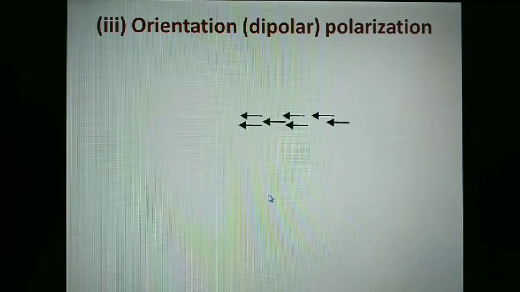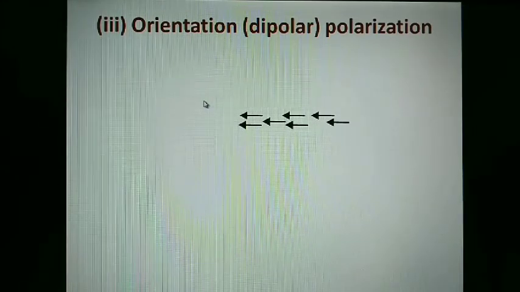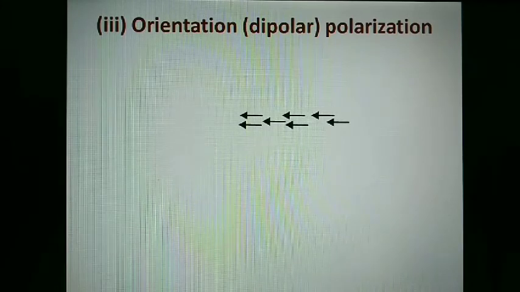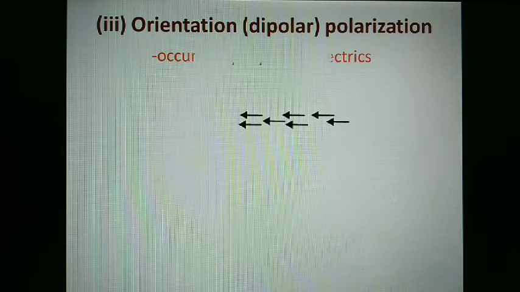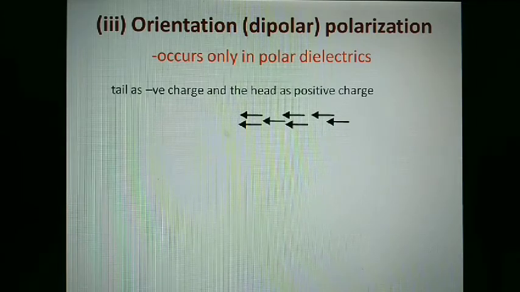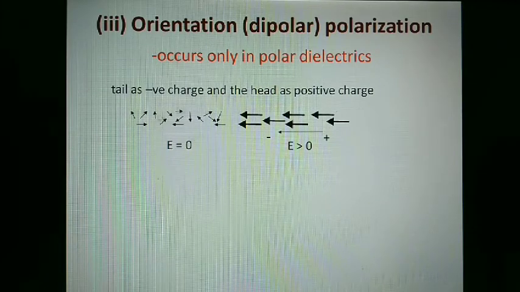The other one is the orientation polarization or dipolar polarization. This kind of polarization takes place especially in permanent dipolar materials, I mean the polar dielectrics. Assume that the material has randomly oriented dipoles in the absence of the electric field.